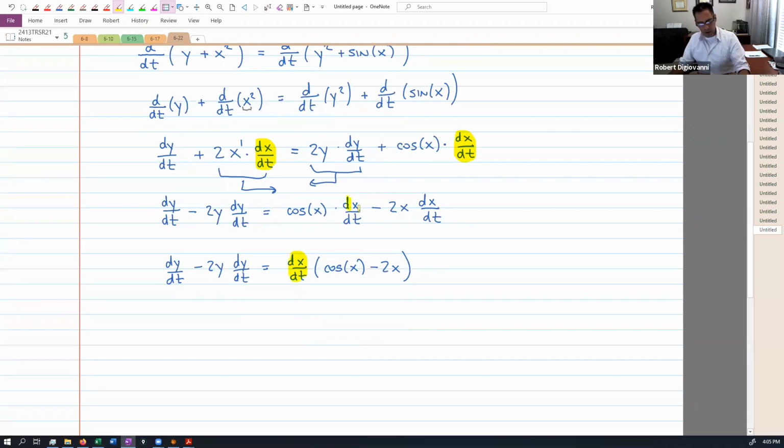So we're trying to get this by itself, right? So we're finally going to divide by this on both sides, and this will be my final answer. I'll write it nice: dy dt minus 2y dy dt over cosine of x minus 2x equals dx dt.